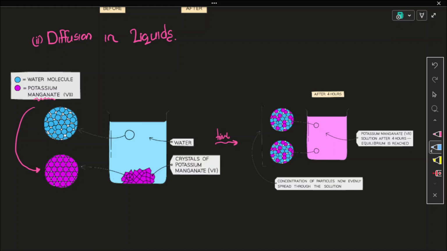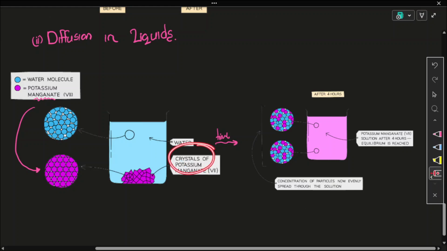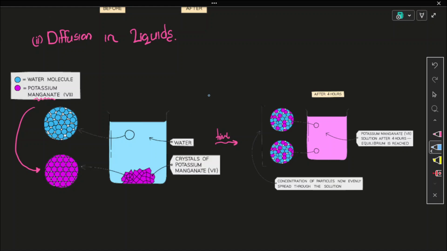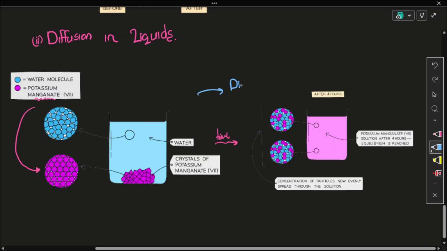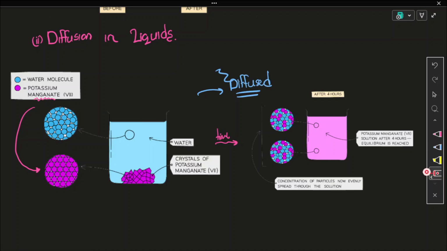Why? Because these potassium manganate crystals have diffused through the solution, just like this.